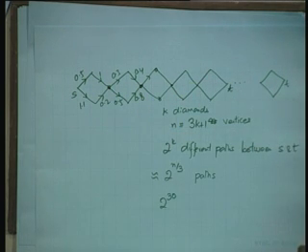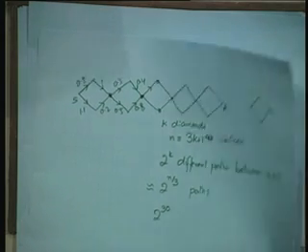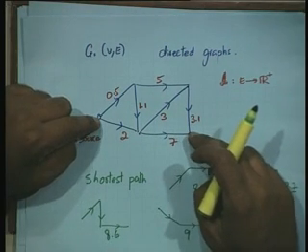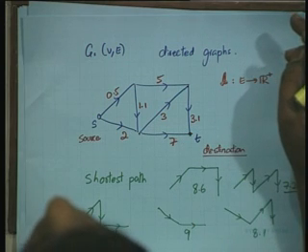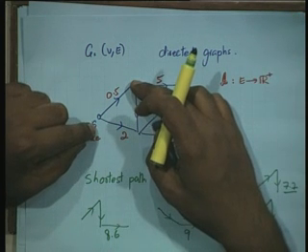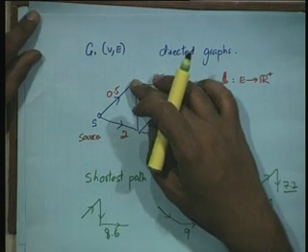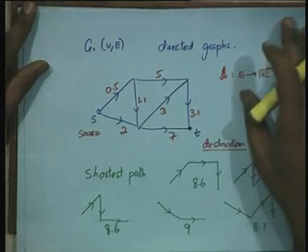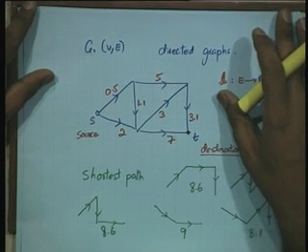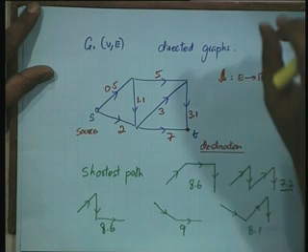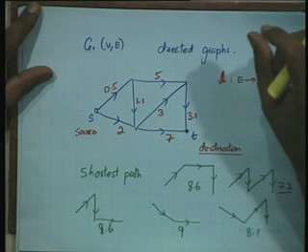We can't say such a thing anymore. If I have to go from here to here, I can't say which is the first vertex I have to get to. Maybe I have to go through this vertex, maybe not, can't say. Everyone with me? So, that is part of the problem.